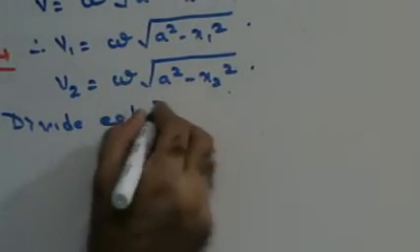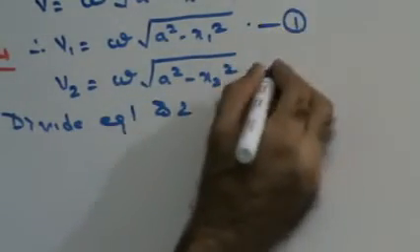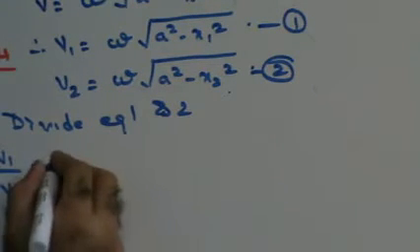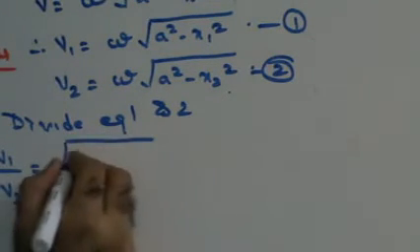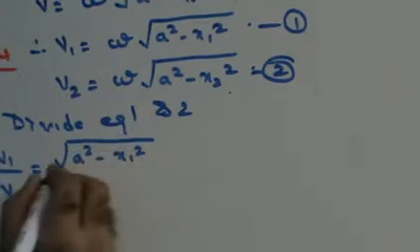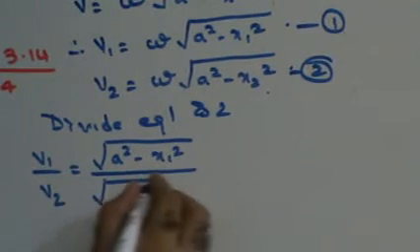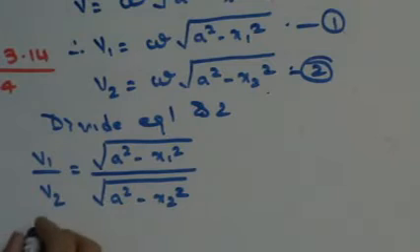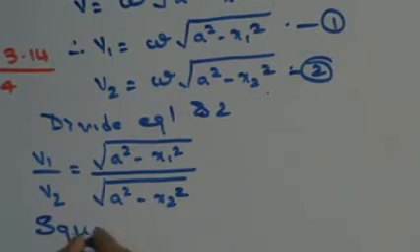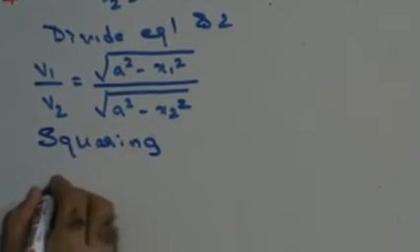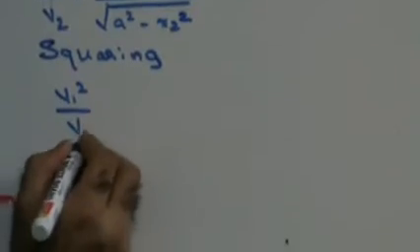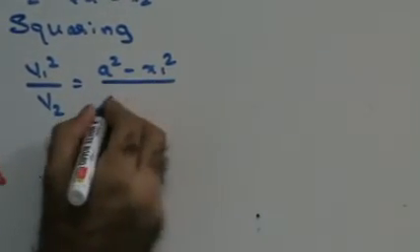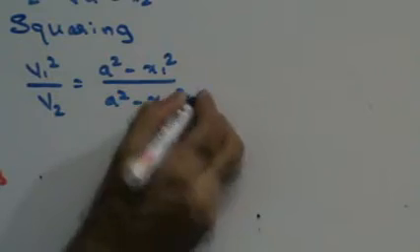I'll get V1 upon V2 is omega cancel, square root of a square minus x1 square upon square root of a square minus x2 square. Get rid of the square root by squaring both sides. So I'll get V1 square upon V2 square is a square minus x1 square upon a square minus x2 square.